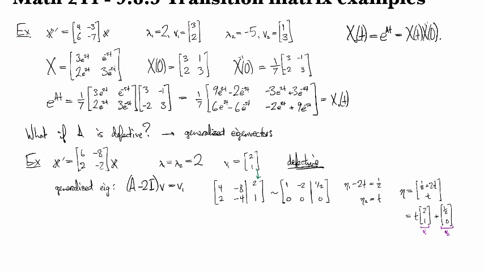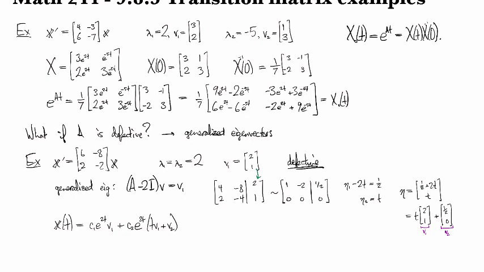All right, so our solution is then going to be c1 e to the 2t v1 plus c2 e to the 2t times (t v1 plus v2).